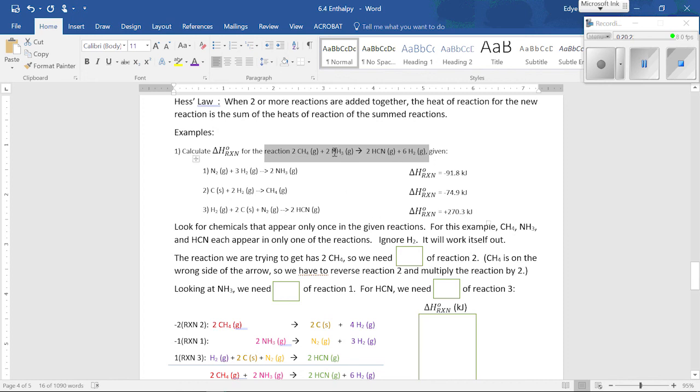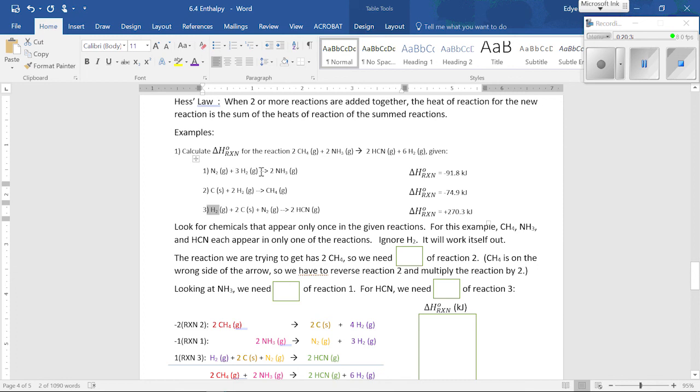When we look at our original reaction, we look for a chemical that appears in only one of these 3. So methane, we'll notice, only appears here. If you look at hydrogen, hydrogen is appearing here, and here, and here. So we're going to ignore the hydrogen. We're going to look at the methane. And for methane, we are trying to get 2 methane because our original reaction has 2 methane.